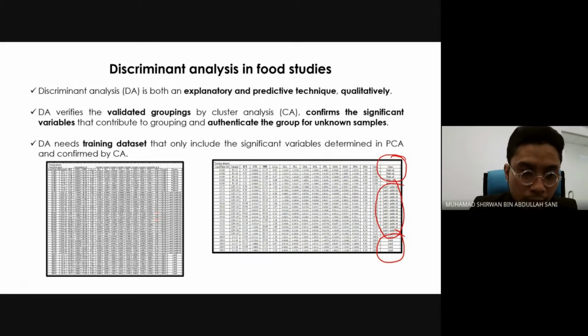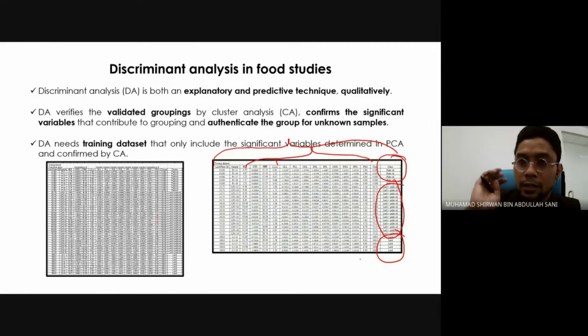So this one we call training data set. Something that we have prepared, and then we analyze the triacylglycerol, the variables. By using this grouping, you can see the group of palm oil, lard and palm oil mixture, and the last one is lard only.